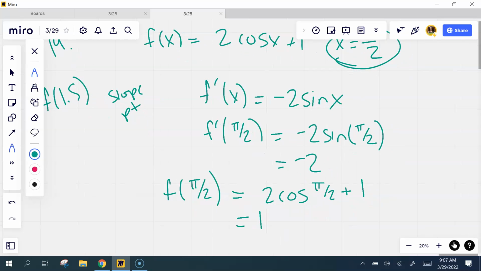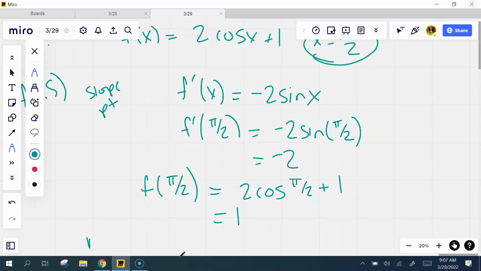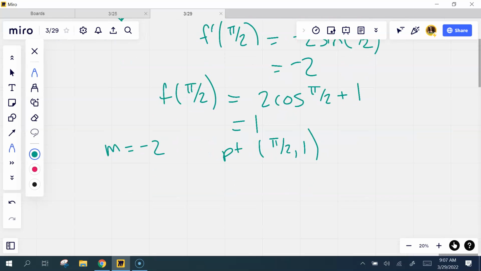So now I have a slope, which is negative 2. I have a point, which is pi over 2, 1. And I'm just going to plug in point slope. y minus 1 equals negative 2 times x minus pi over 2.